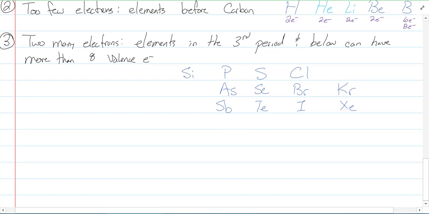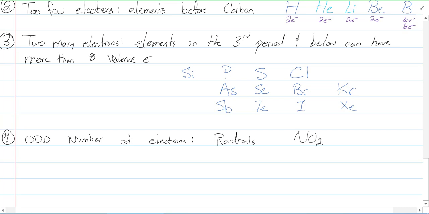And lastly, we can have an odd number of electrons. These are called radicals, such as NO2. They are very reactive.